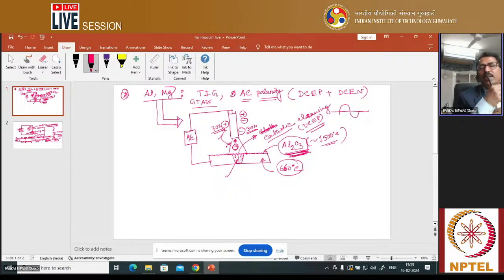So combining this effect reduces the heat generated in the electrode. You can say AC polarity has a heat proportion in the workpiece and electrode of around 50-50%. 50% is in the electrode and 50% is in the workpiece.